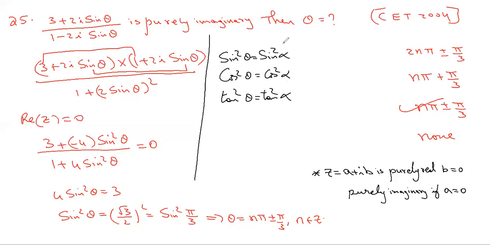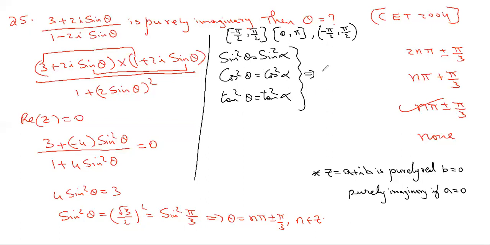For sine square, alpha belongs to minus pi by 2 to pi by 2, and for cos square, it is 0 to pi. For tan square, it is the open interval minus pi by 2 to pi by 2, the well-known principal intervals for these three functions. So these three alphas are in the corresponding intervals.